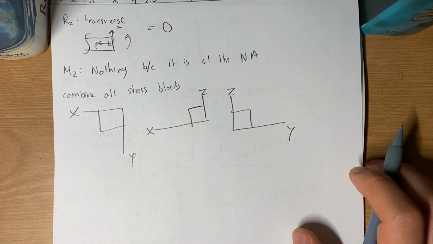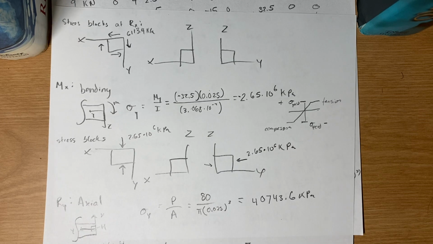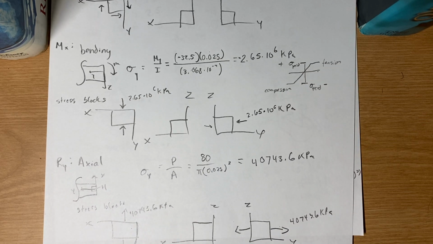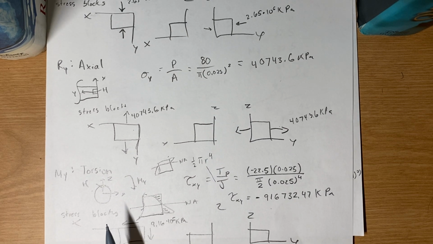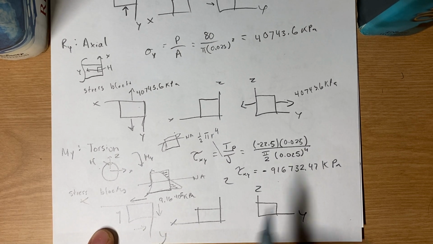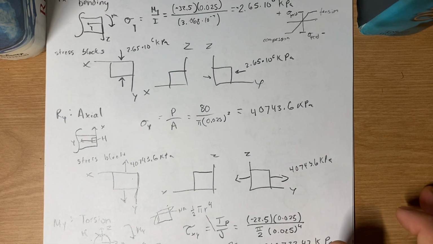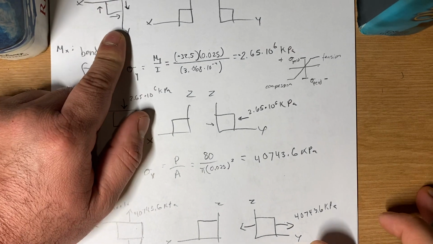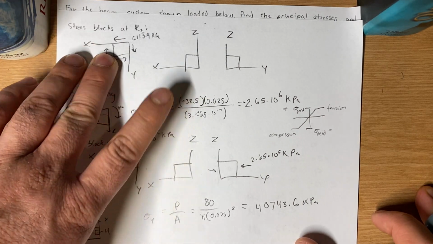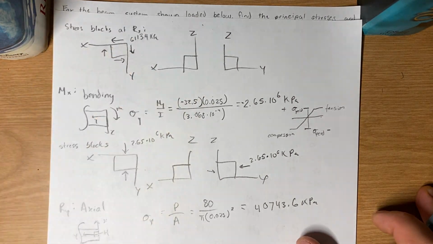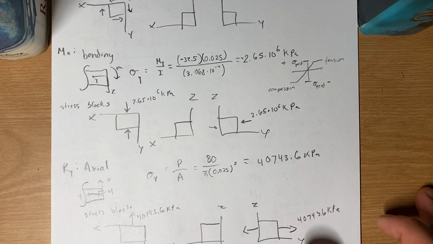How you combine all of them is literally, say right here, you get your transverse, and you find another one, an XY. So we just go through, and then we have another one here. So you just add both of them. But you have to pay attention to the signs. So you either have to add or subtract.